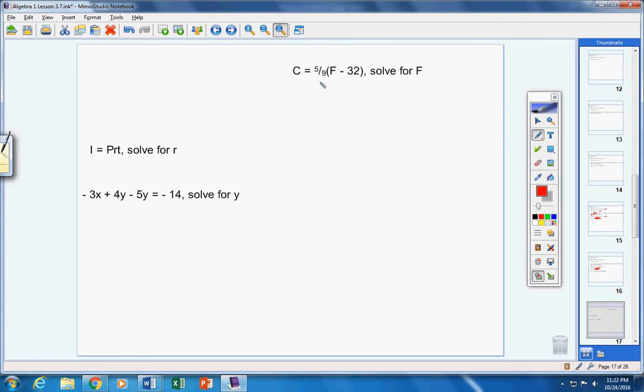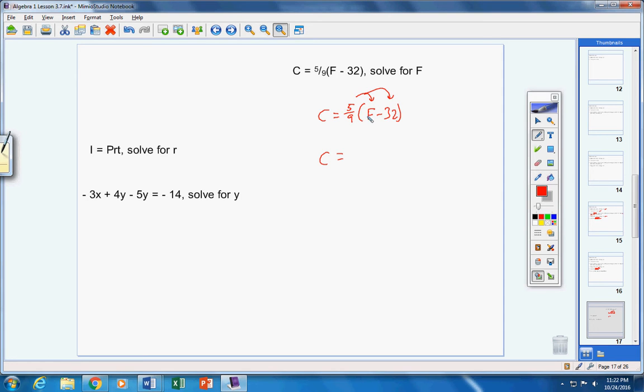Step 1, we're solving for F, okay? Step 1, simplify both sides. So here we go. I cannot simplify this side, but over here I can multiply my 5/9 through.